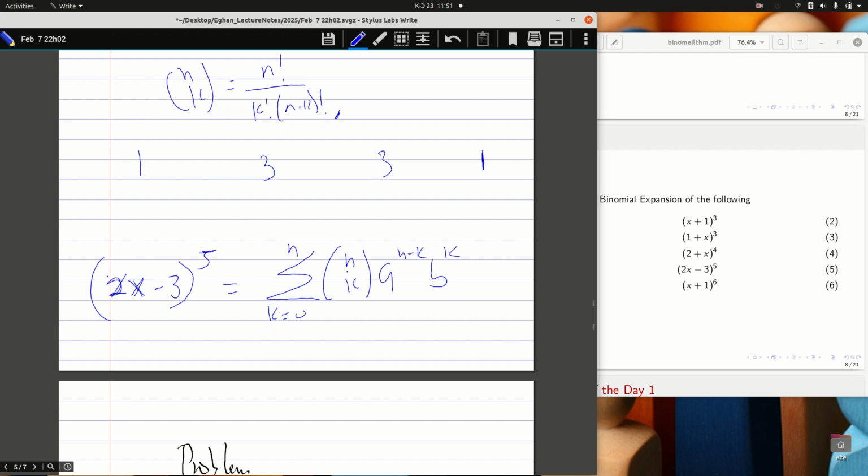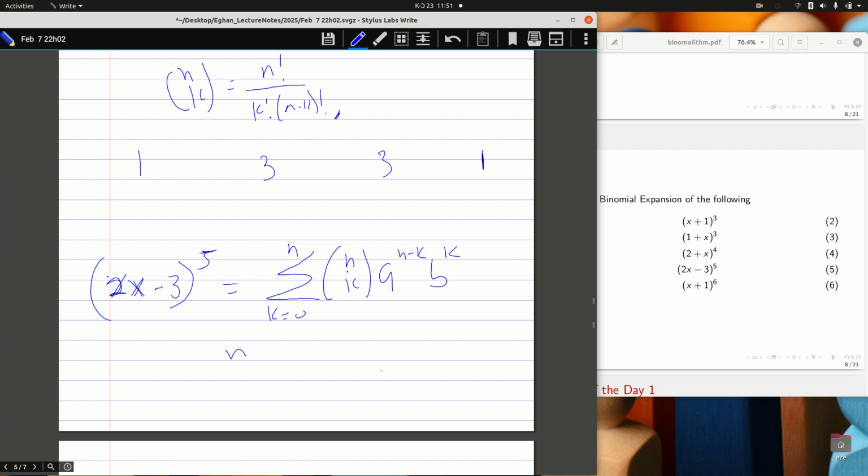So you ask, what is my n? It is 5. What is my a? It is 2x. What is my b? It is negative 3. Don't forget the expansion is a plus b to the power n. This means that your b is negative 3, please.